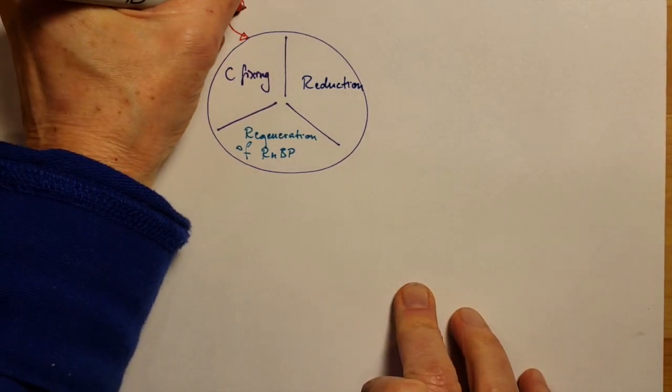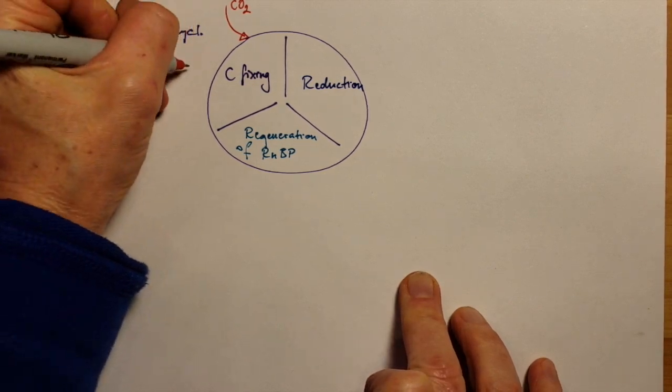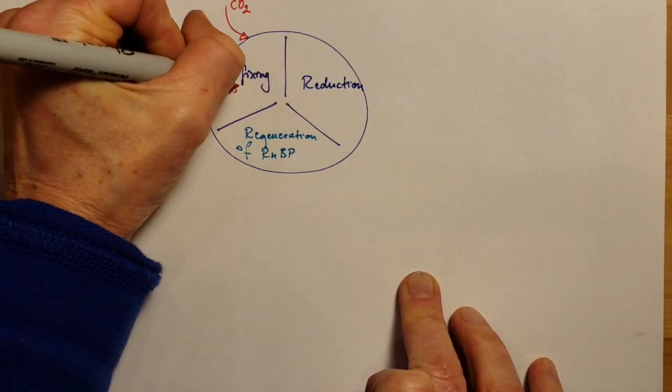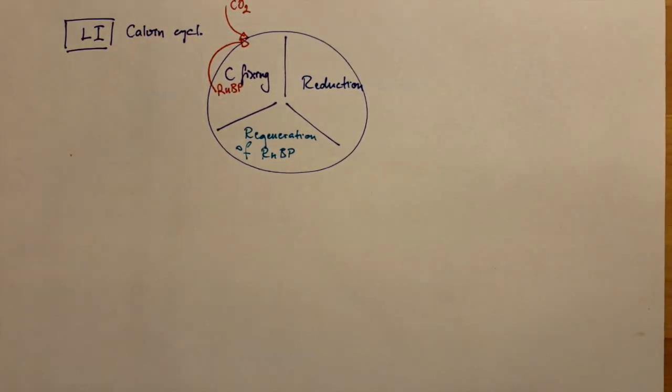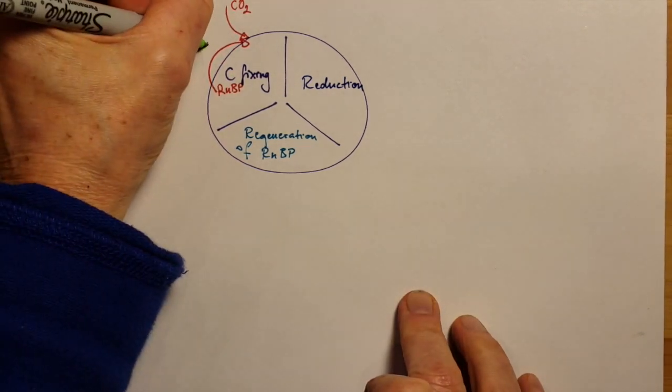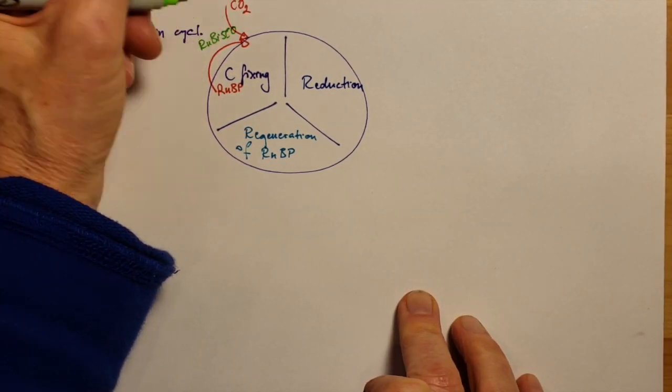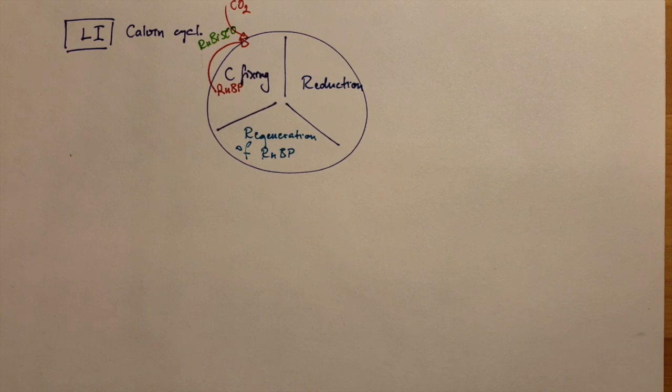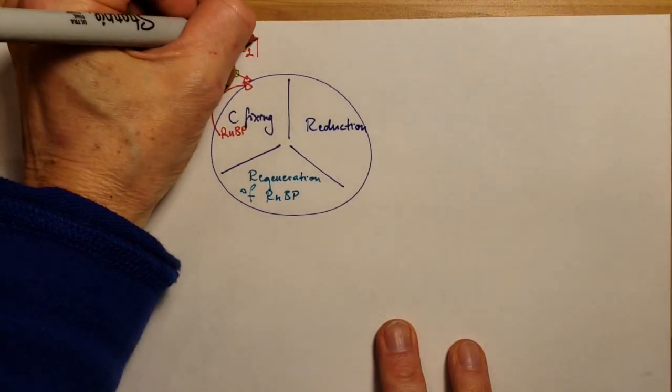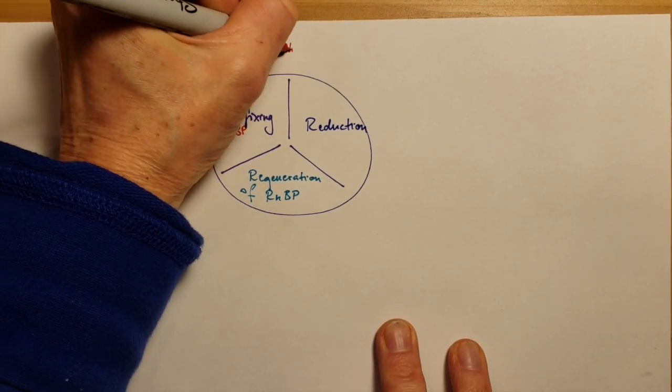RuBP is a chemical that is necessary for the Calvin cycle. The carbon dioxide is coming into the carbon fixing place, and the RuBP combines with the carbon dioxide with the help of Rubisco, an enzyme. The carbon dioxide in this case is the limiting factor.